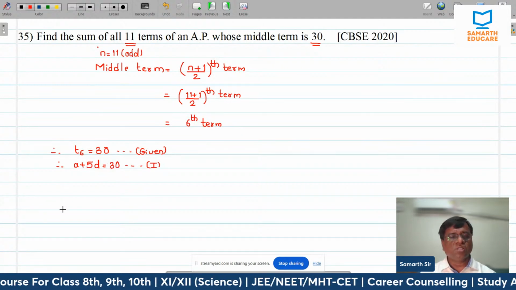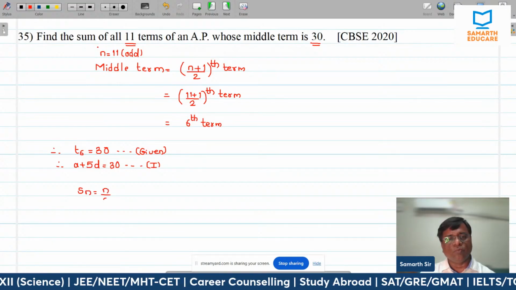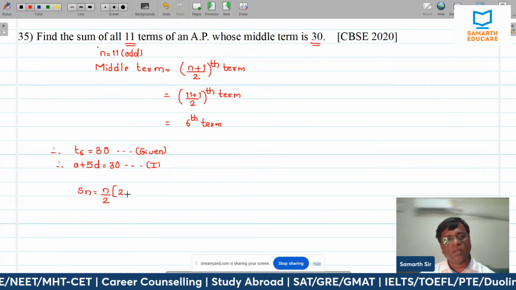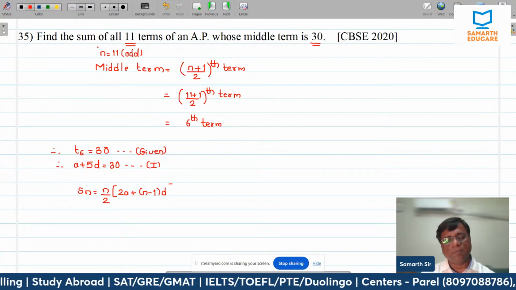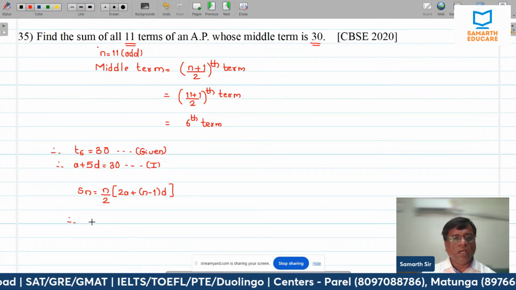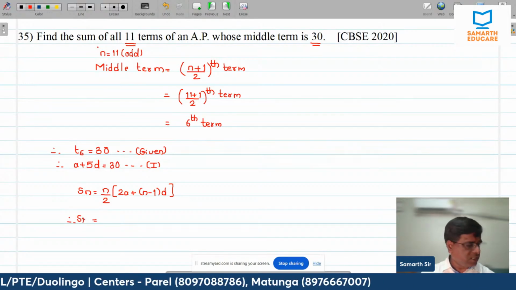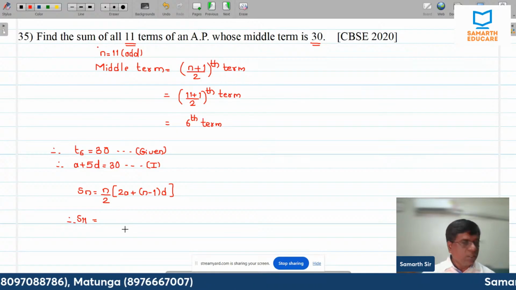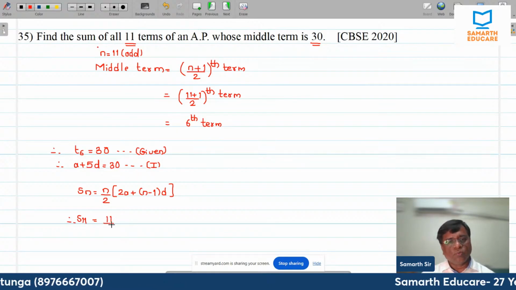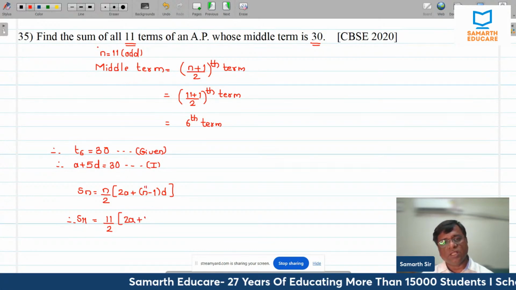Now he's asking for the sum of 11 terms. So what is Sn? Sn is n upon 2 into 2a plus n minus 1 into d. Now, S11, he is asking for 11 terms. Okay. So 11 upon 2, 2a plus 11 minus 1, that is 10d.